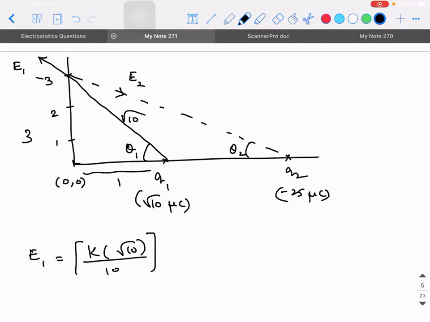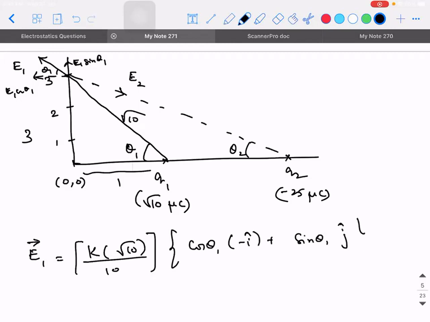This is theta 1. Let me draw a line. So this will also be theta 1. So E1 cos theta 1, E1 sin theta 1. Okay. So if I have to write this electric field as a vector, then k into root 10 divided by 10 into cos theta 1 of minus i cap plus sin theta 1 in the direction of j cap.